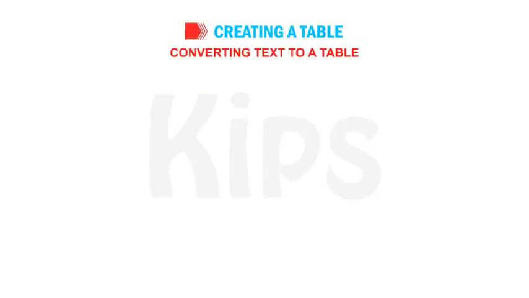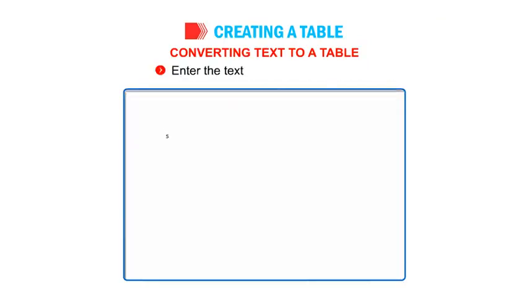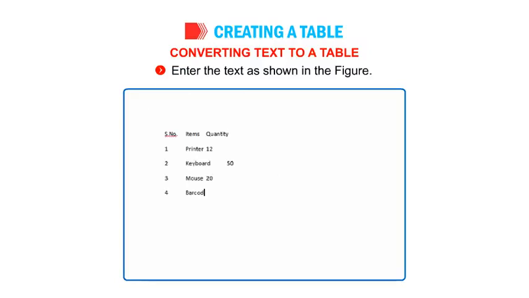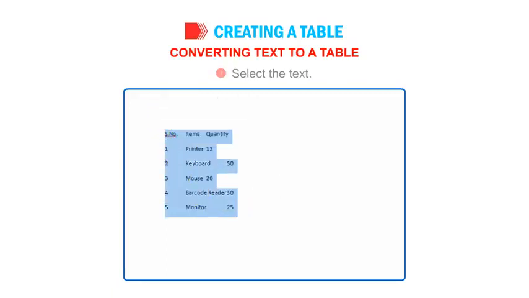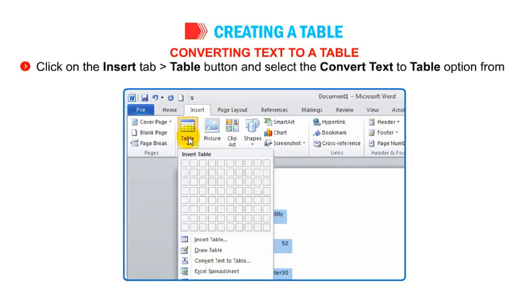Converting text to a table. You can also convert the existing text to a table. Enter the text as shown in the figure. Select the text. Click on the Insert tab, then Table button and select the Convert Text to Table option from the drop-down menu.